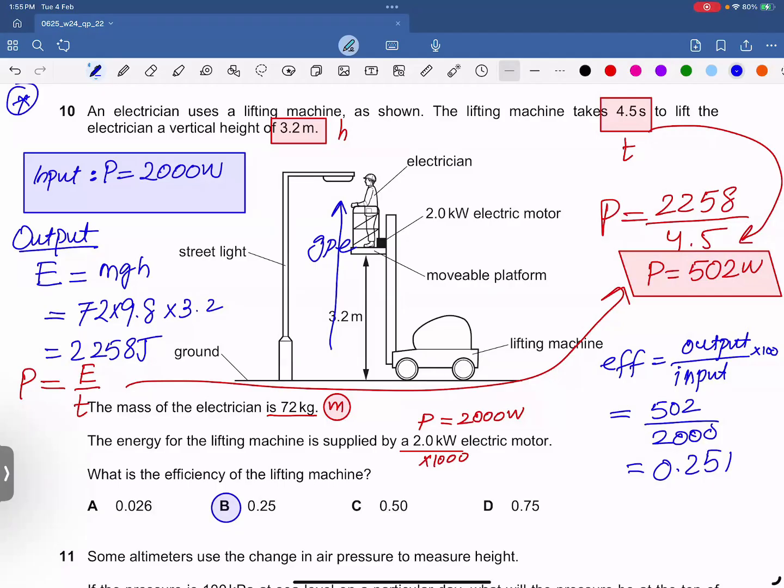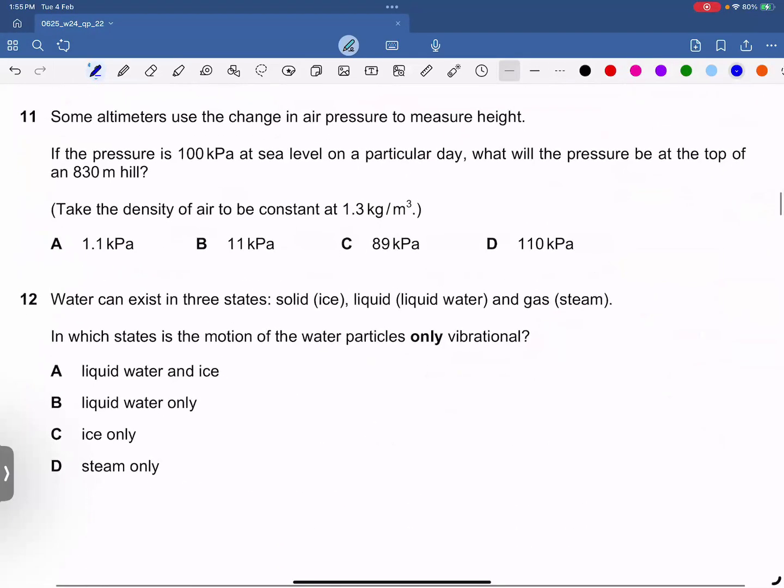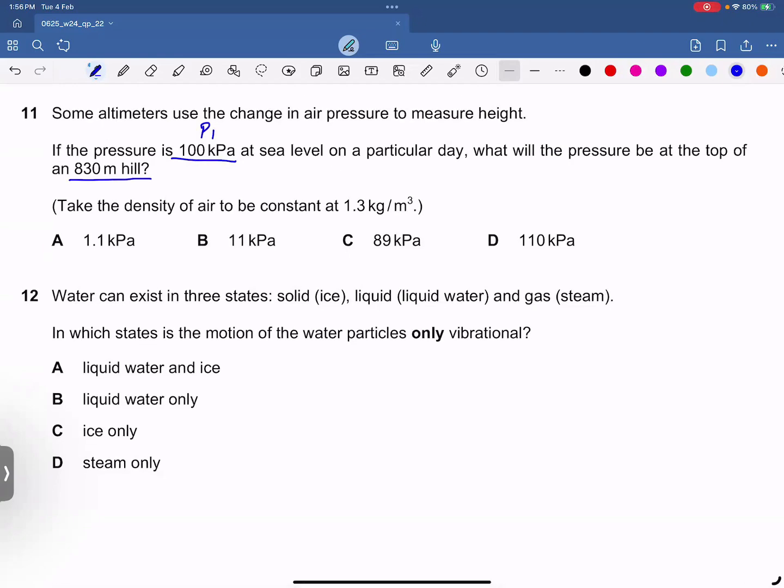We proceed to question number 11. Some altimeters use the change in air pressure to measure height. Altimeter means to measure altitudes, height. If the pressure is 100 kilopascal at sea level on a particular day, what will be the pressure at the top of this hill?